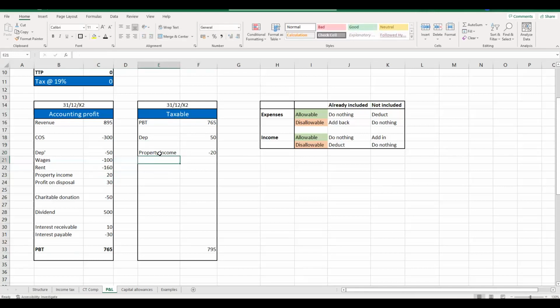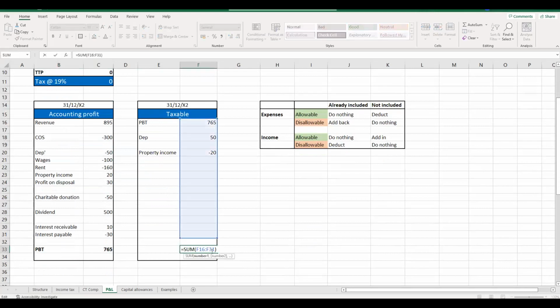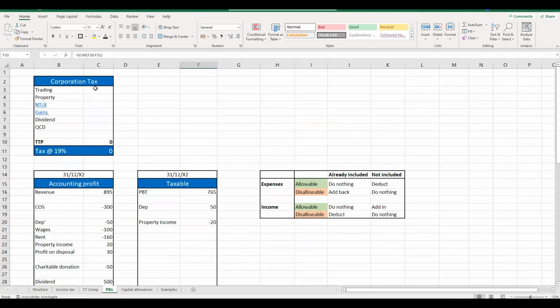Now, importantly, we're not saying that this property income doesn't get taxed. We're just saying that this property income is not going to form part of the trading income, because when we arrive at the final taxable trading profit, that number will go in here. So this property income isn't part of our trading income. It's actually property income, and it should go in a separate box on the corporation tax pro forma.